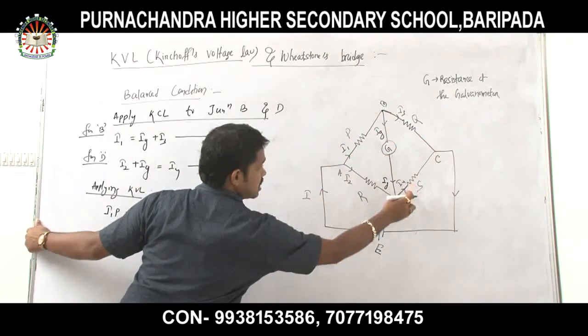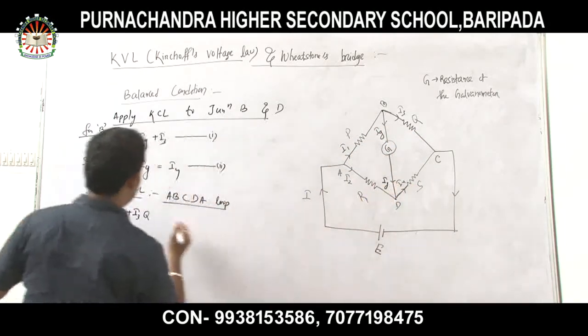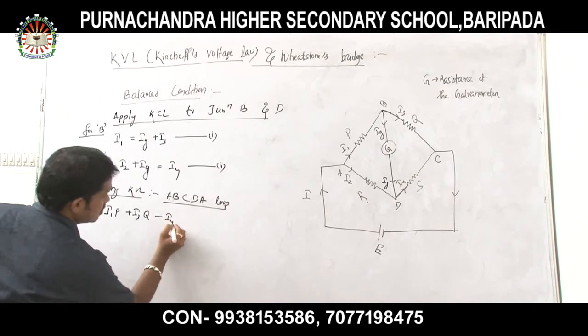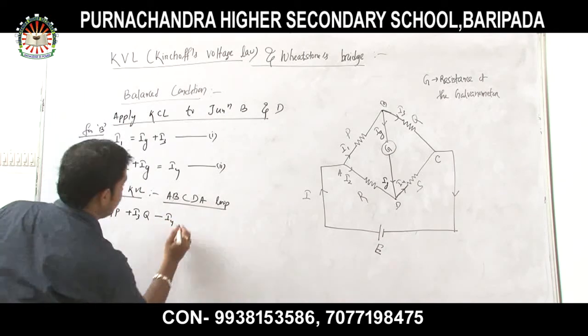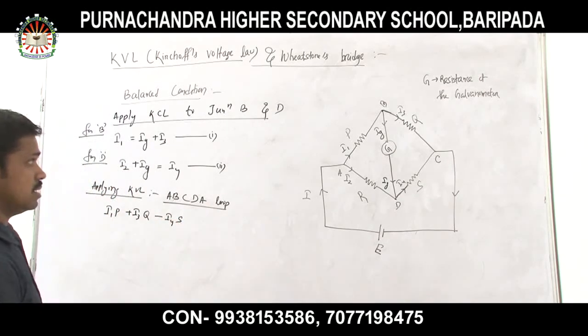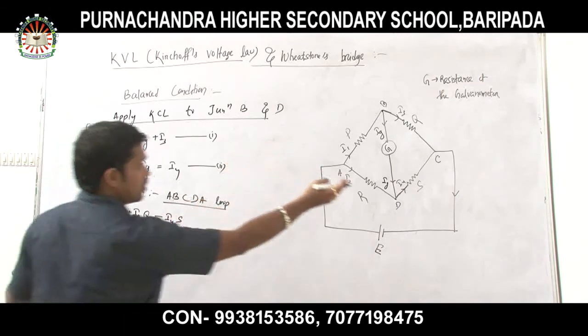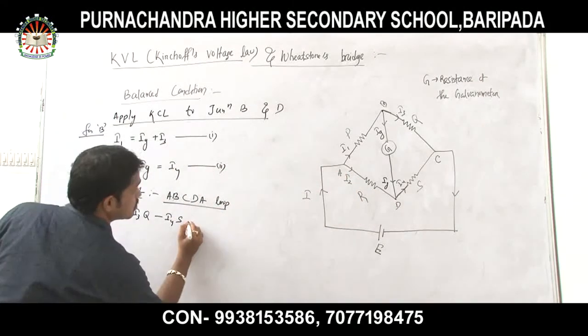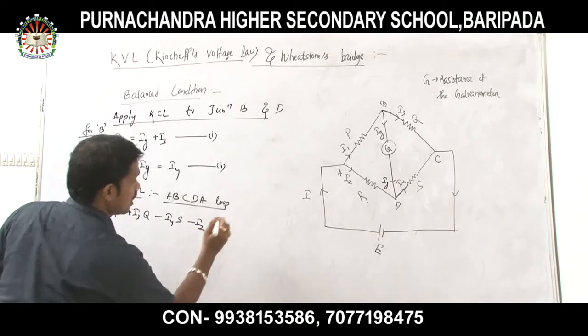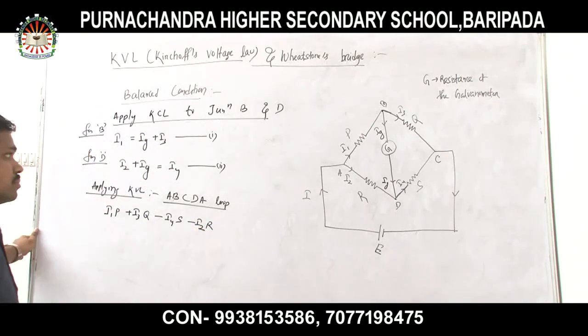Then look here. When coming to this side, you will face anti-clockwise. So this is minus I4S. Clear? Then this is minus I2R. Understood all of you?